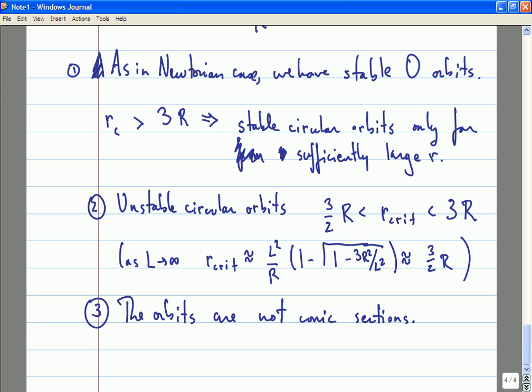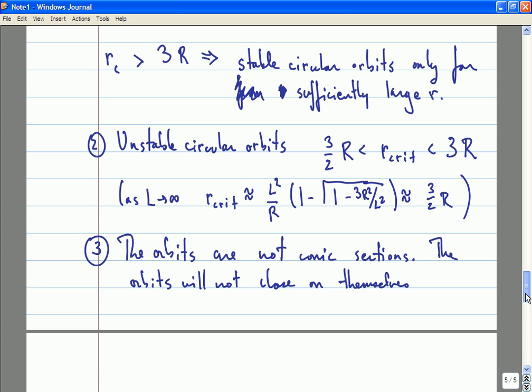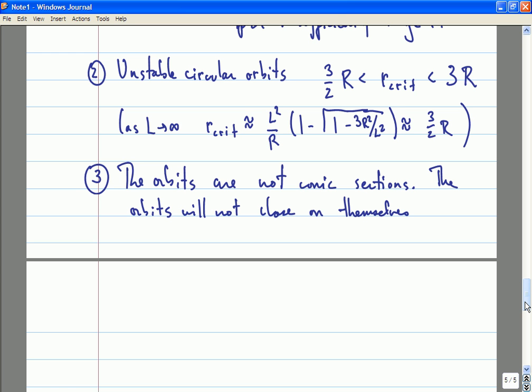And in particular, the orbits will not close on themselves. So, for example, if you were to study the orbit of Mercury around the Sun, what you would find is that the orbit would be very close to a parabola. Sorry, not parabola, ellipse. Why am I saying parabola?